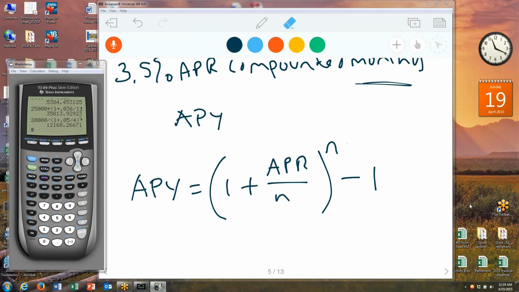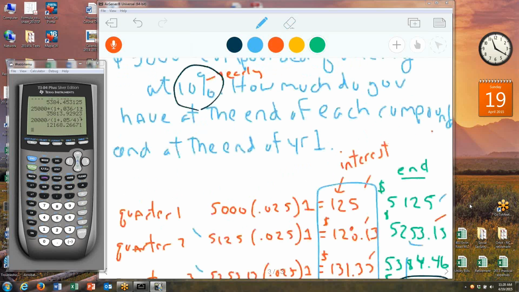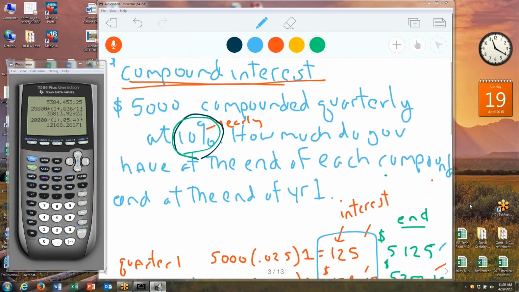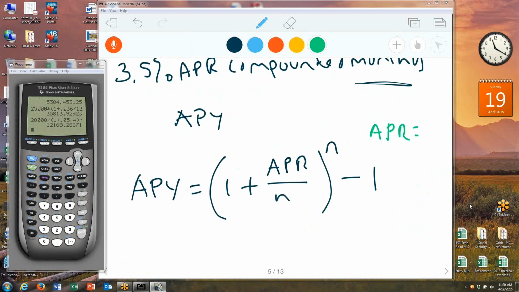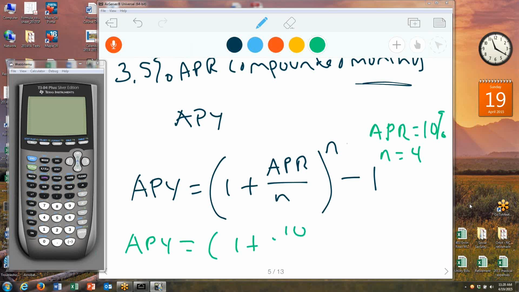In the example that we did for simple interest, the APR was 10%. And it was compounded quarterly, so our n is 4. So we calculate 1 plus 0.10 divided by 4, to the 4 power, minus 1.